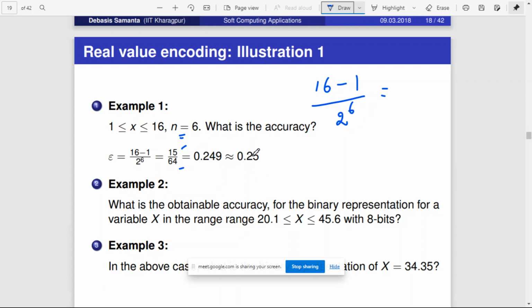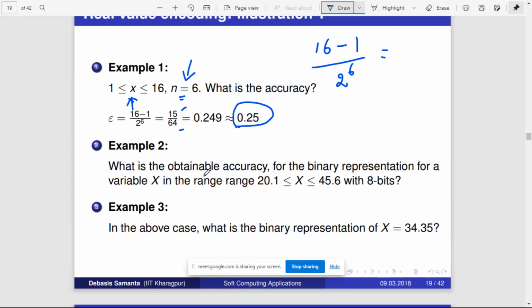So if you use 6 bits to represent this real value, then its obtainable accuracy is 0.25. That is, if you use only 6 bits to represent this real value x in binary form, its accuracy will be 0.25.